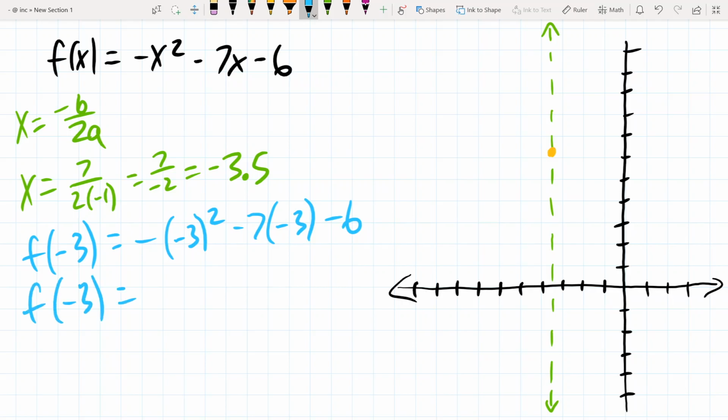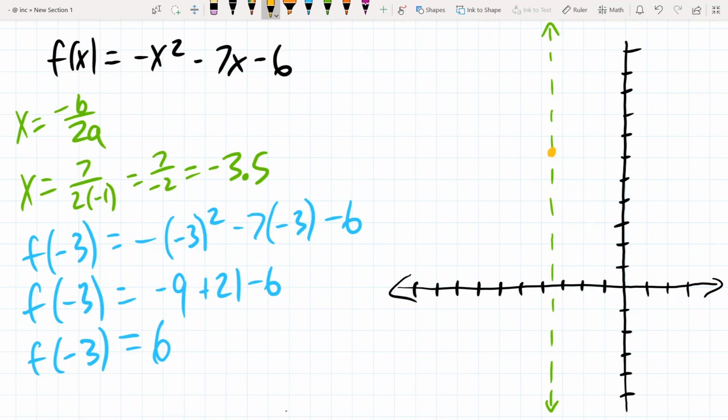So negative 3 squared is 9, but then we make it negative, so that's negative 9. Then we do a negative times a negative, which is a positive. It's positive 21, and then we're going to subtract 6. So we're basically doing 21 minus 9, and then subtracting 6 again, and we're getting 6. And let's see what these points look like.